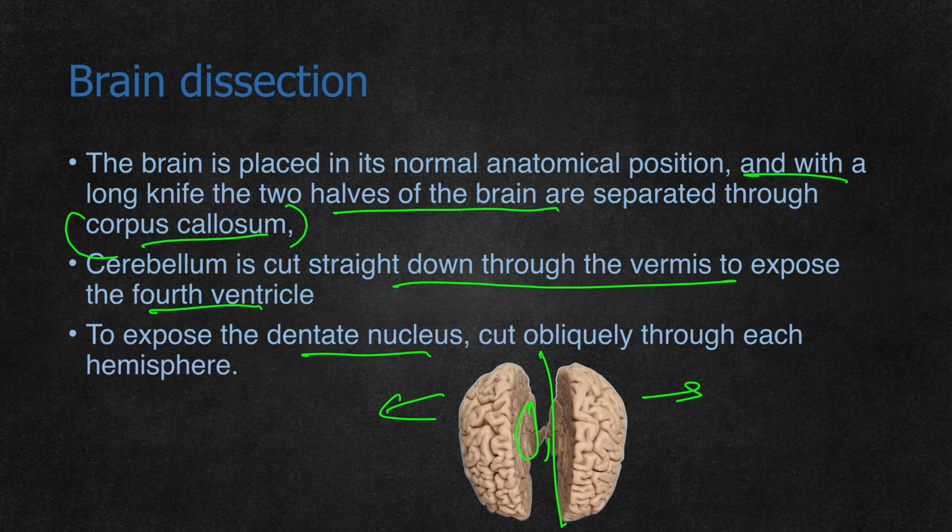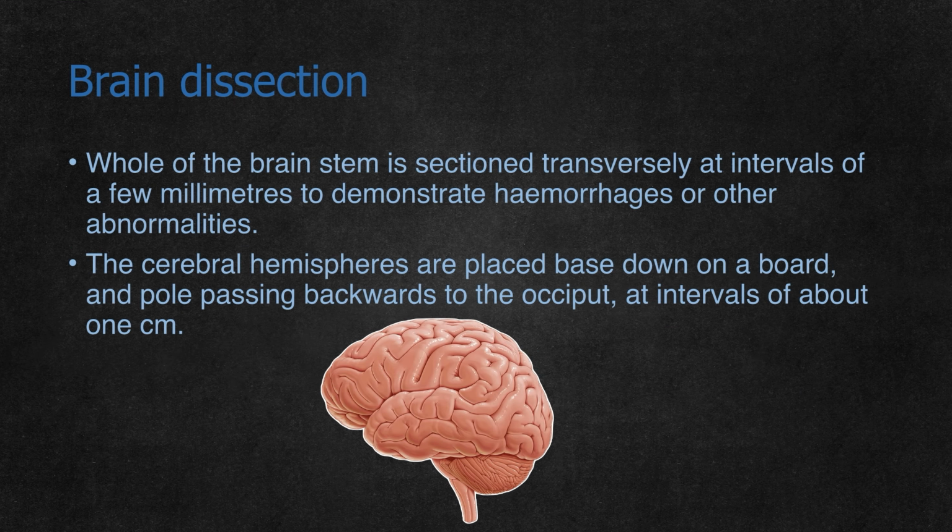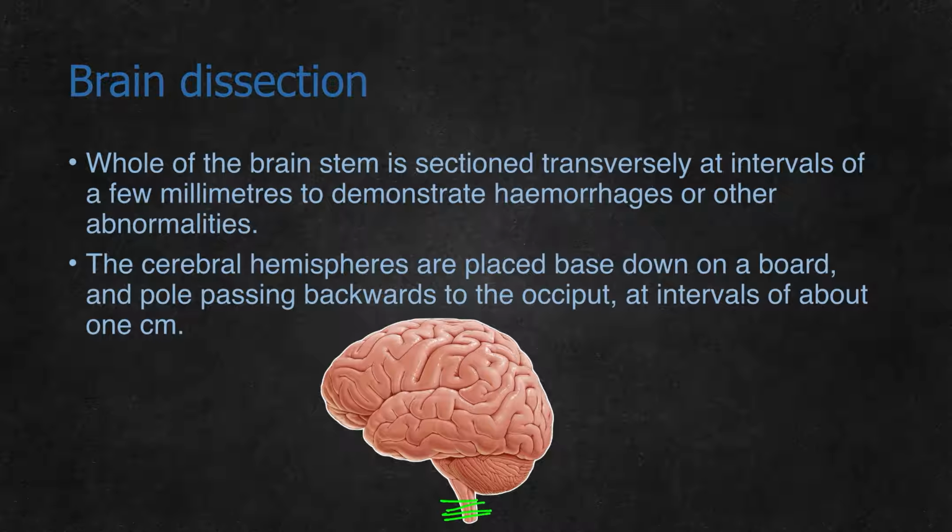To expose the dentate nucleus, cut obliquely through each cerebellar hemisphere. Then the whole brain stem is sectioned transversely at intervals of a few millimeters to demonstrate hemorrhages or other abnormalities.